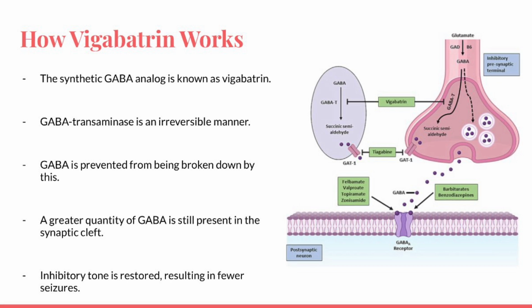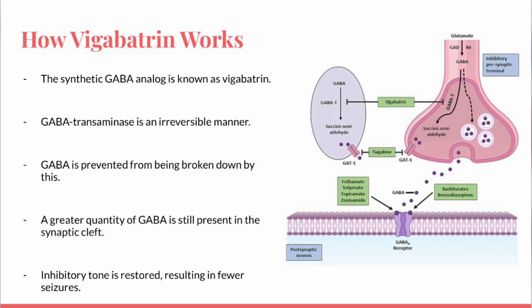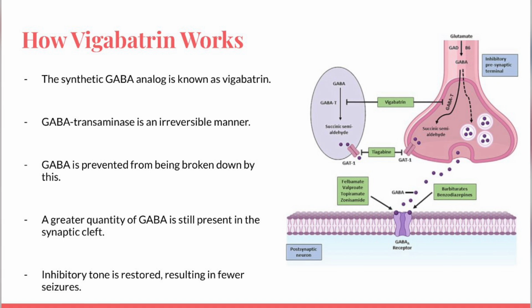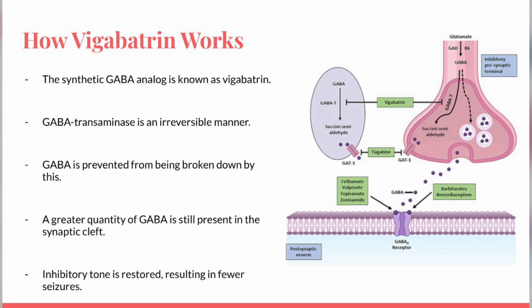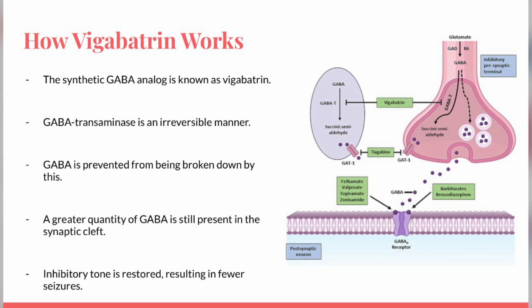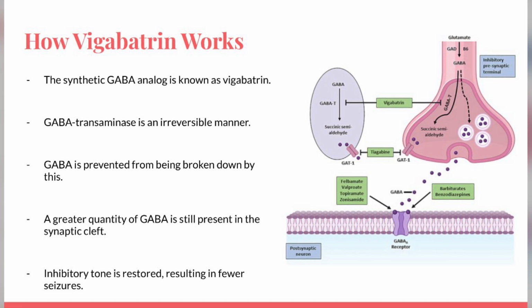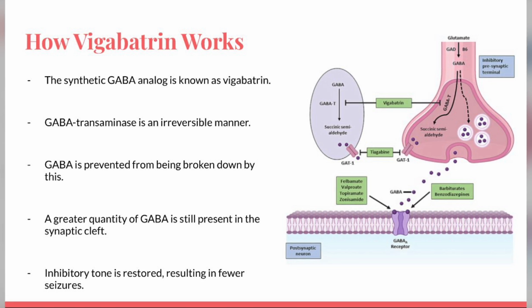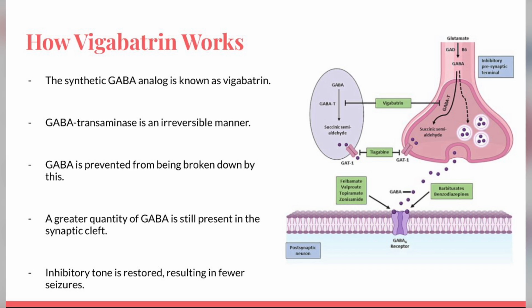You can see all those extra purple dots building up in the presynaptic terminal and then drifting into the synapse. That means more GABA actually reaches the GABA A receptors at the bottom, which strengthens inhibition. I'm going to use an analogy about cleaning your room. Imagine GABA-T is a person making the mess, and Vigabatrin is like locking the door so they can't come back in and make a bigger mess. So it's not sedating the brain, it's just letting GABA do its job the way it's supposed to.